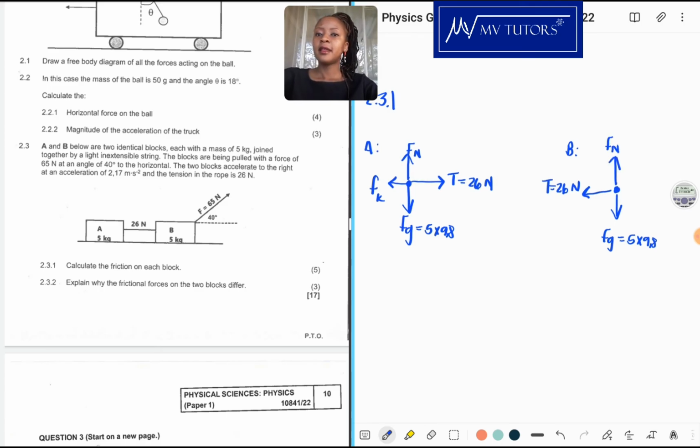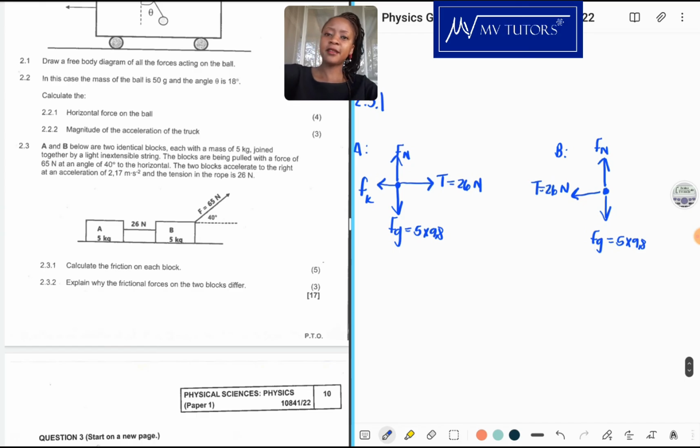And then we have friction as well, kinetic friction, that's why I put FK. I'm squeezing things. Then we have our applied force, which is 65 Newton.